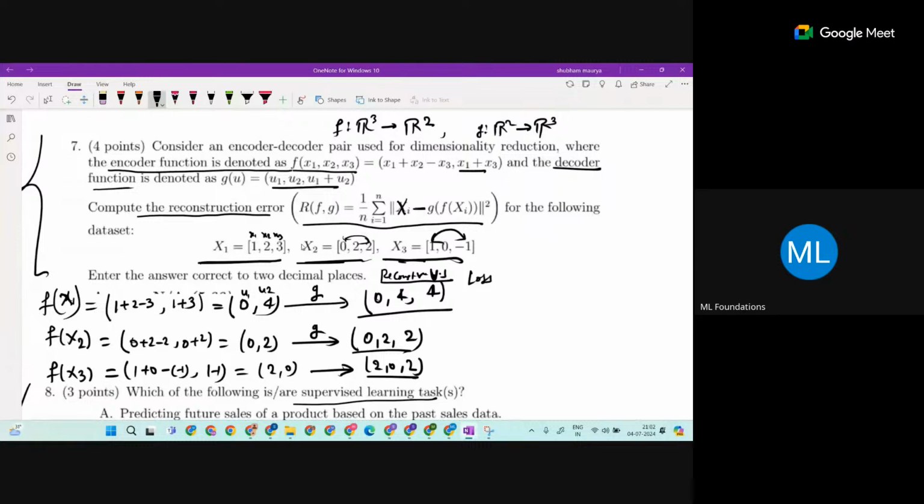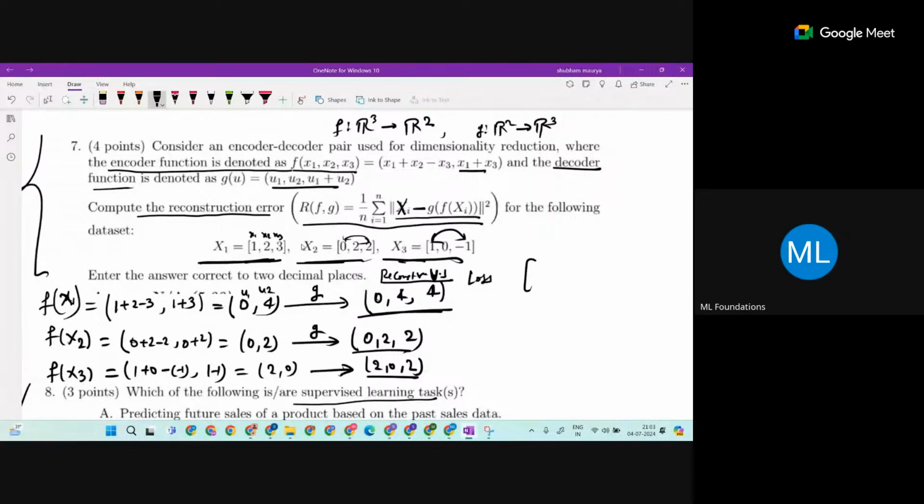Now after encoding and decoding, we got this vector. So how much loss? From the original minus the reconstruction. That is the formula we have. So let's calculate each time. First find the error vector. That is called the error vector, we can say.